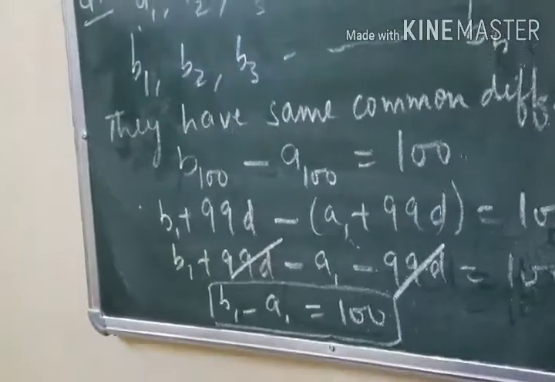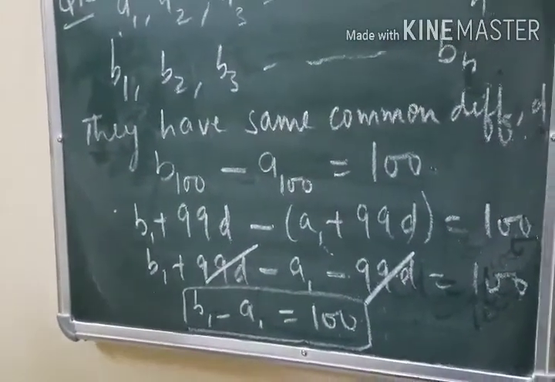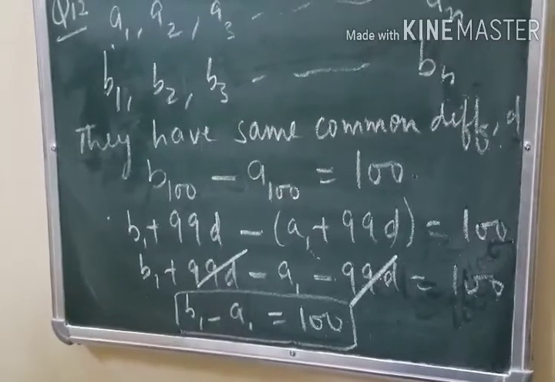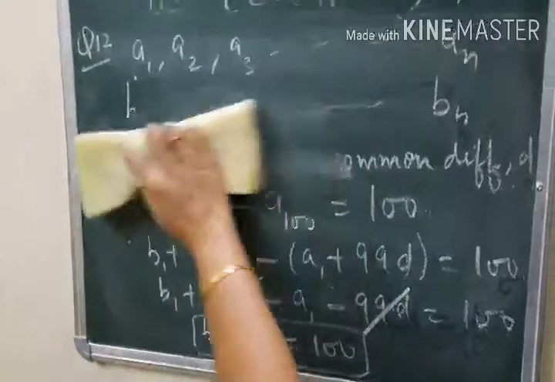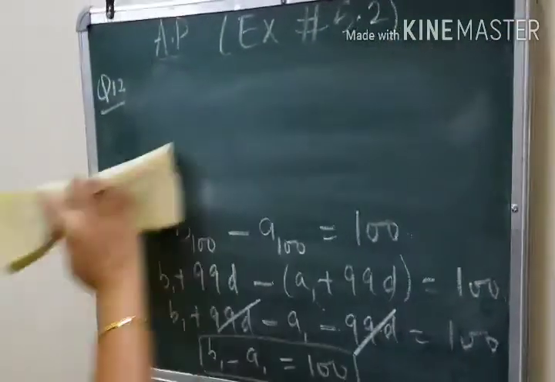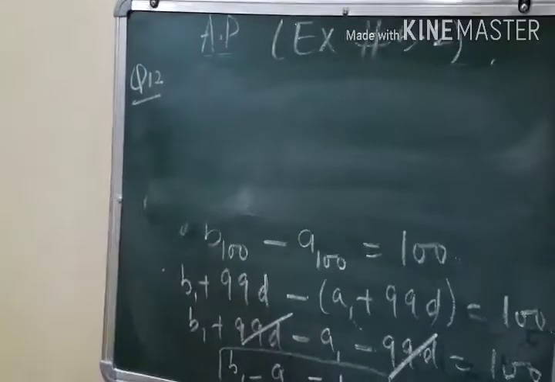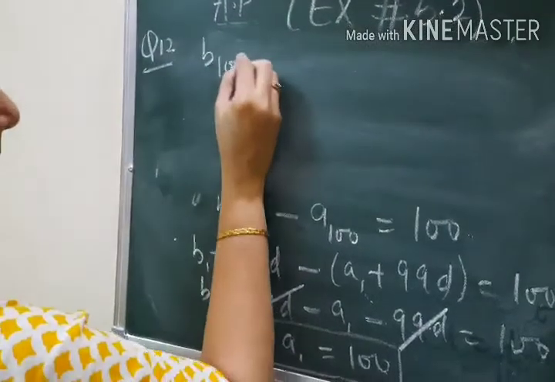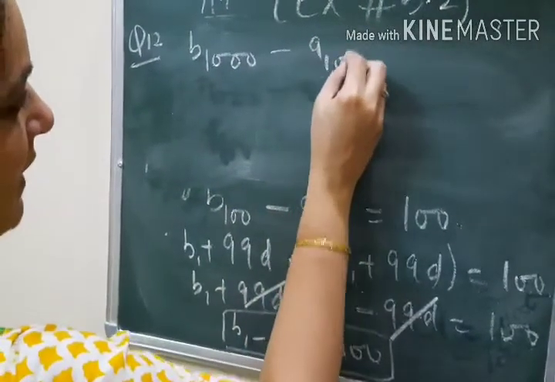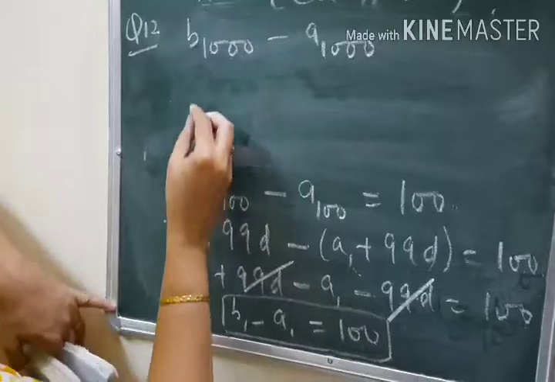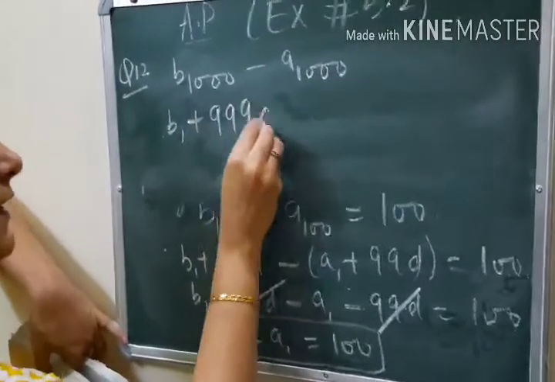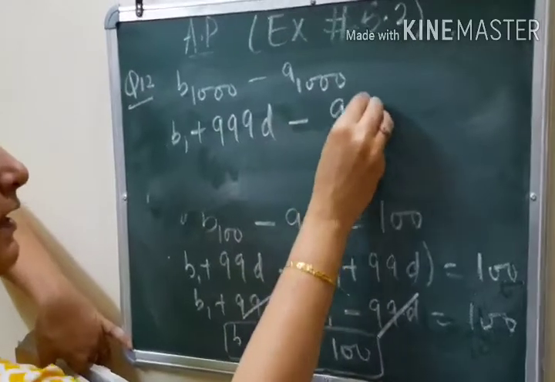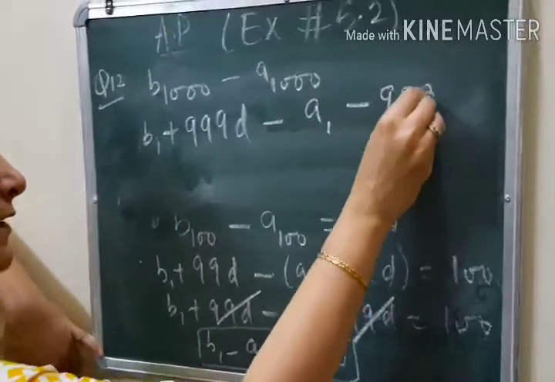Okay. Now it is asked, what is the difference between their thousandth terms? So if you take B1000 minus A1000, what will be your answer? B1000 means B1 plus 999D, and A1000 is A1 plus 999D.